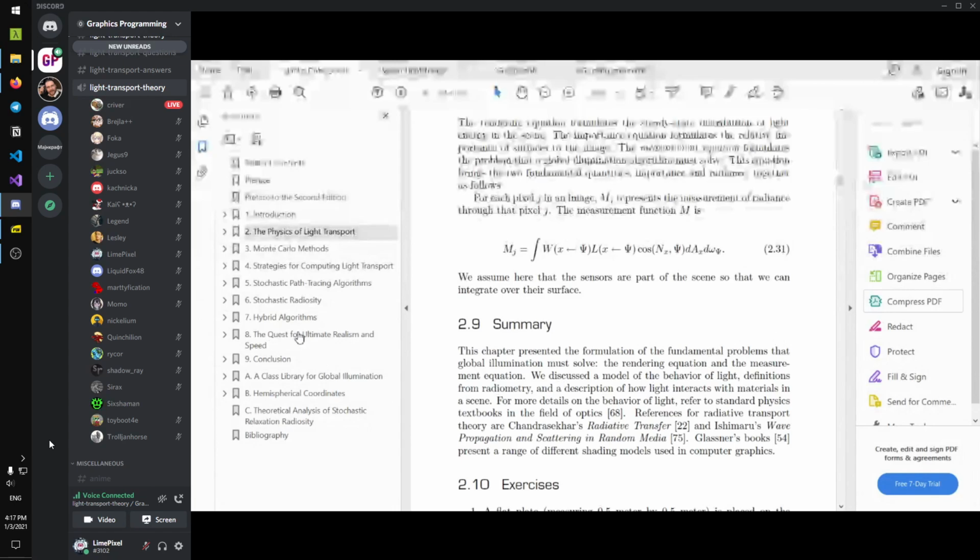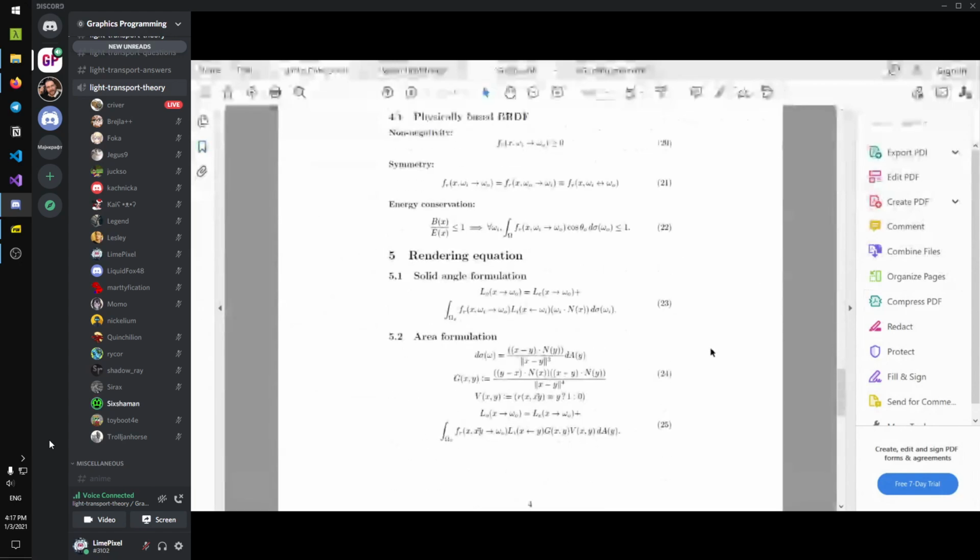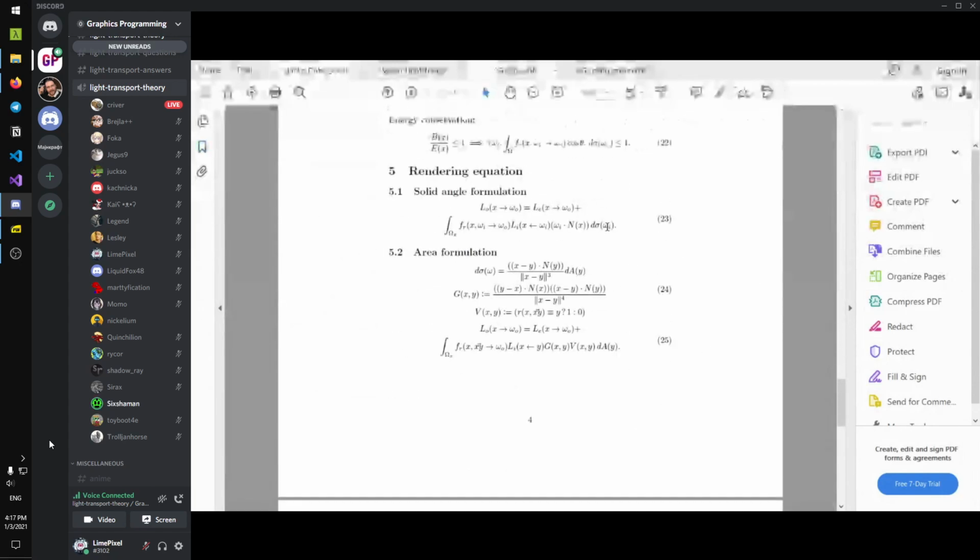Other questions? I have one more question. In the rendering equation, the term on the left side of the equation, L, and the term L under the integral, are they really the same?